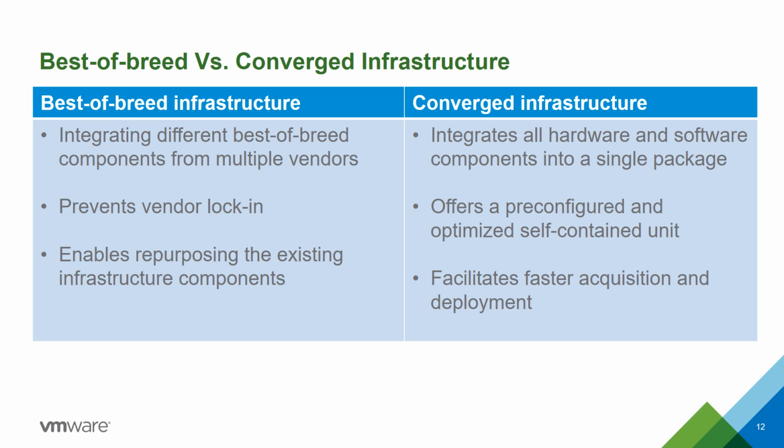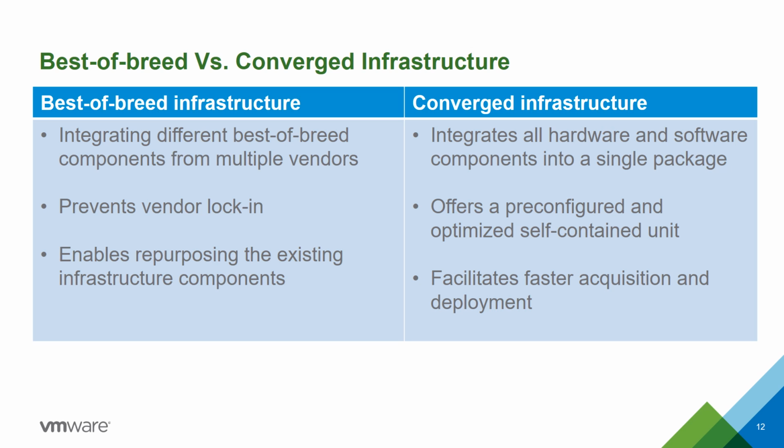And storage, I will buy it from EMC. Each of these core components of the data center is purchased from different vendors. That is called best of breed. So when I integrate them together to set up my own data center, that forms a best of breed data center infrastructure. Okay.